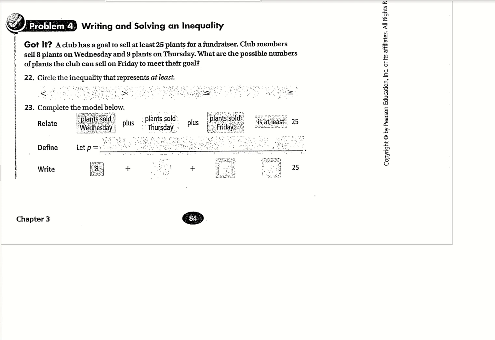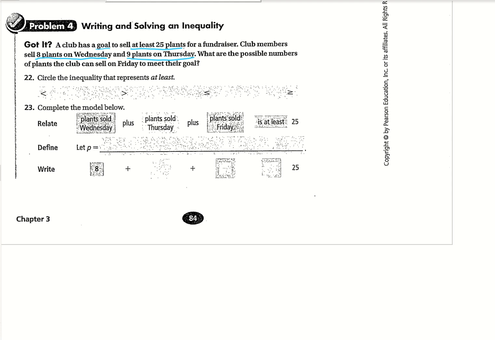So at least 25 plants, that's their goal. And then we also have 8 plants on Wednesday and 9 plants on Thursday. Now we're looking to find the possible numbers of plants the club can sell on Friday to meet their goal.